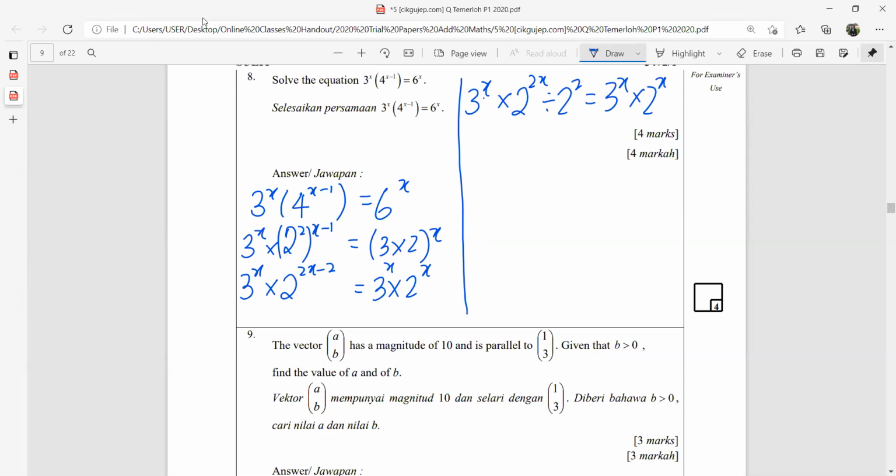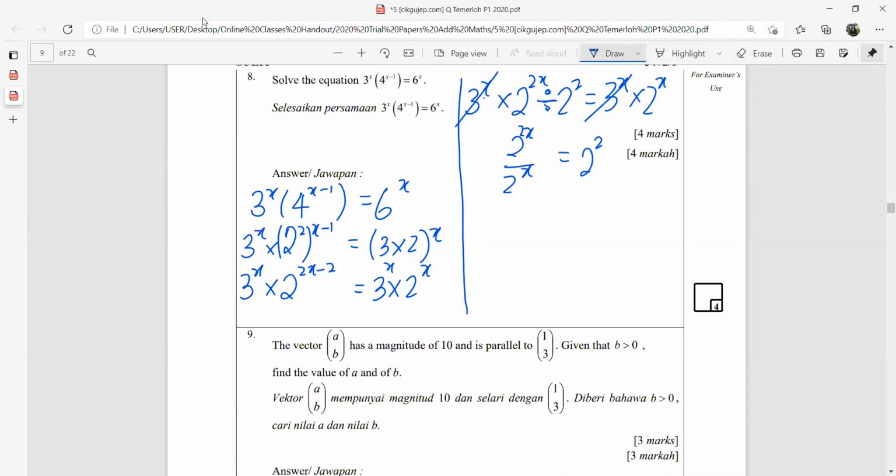So what you can do is continue. This 3 power x on the left and right cancel, so you are only left with 2 power 2x. Then bring the 2 power x here, equals to 2 squared.